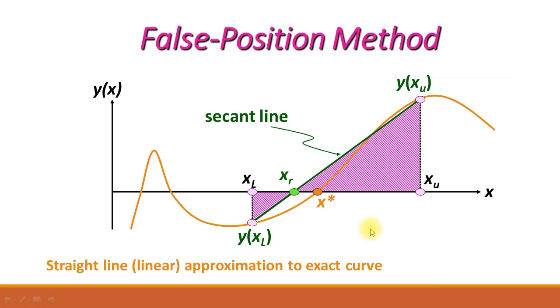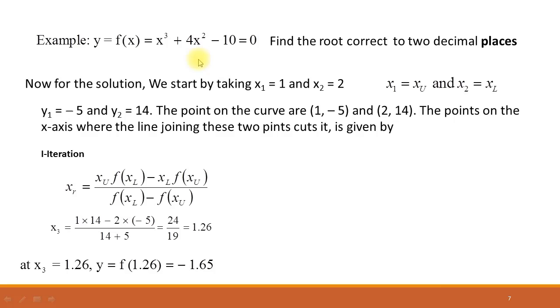Now for example, we have a non-linear equation x cube plus 4x square minus 10 is equal to 0. Find the root of this non-linear equation correct to two decimal places by using the false position method.